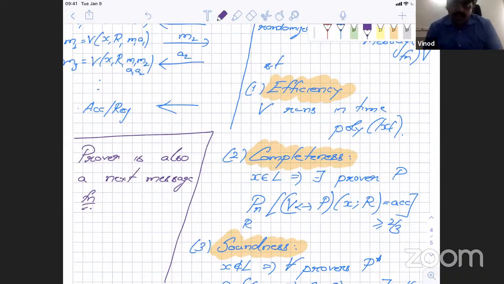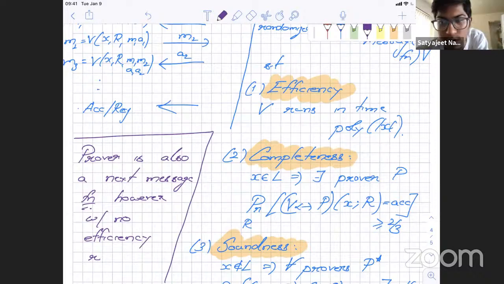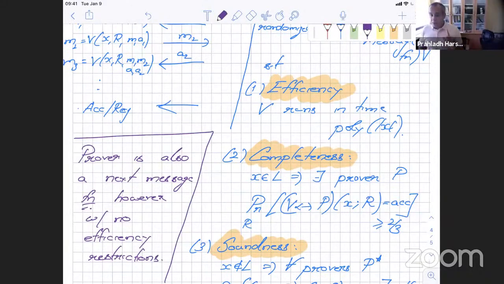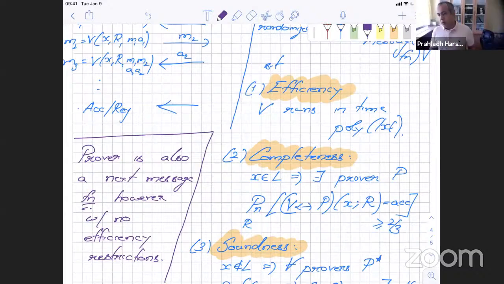Does the graph non-isomorphism algorithm fit into this? Yeah, let's go to that. However, with no efficiency restrictions, you can say the prover is like some oracle. The point is it's an oracle whom you don't trust.